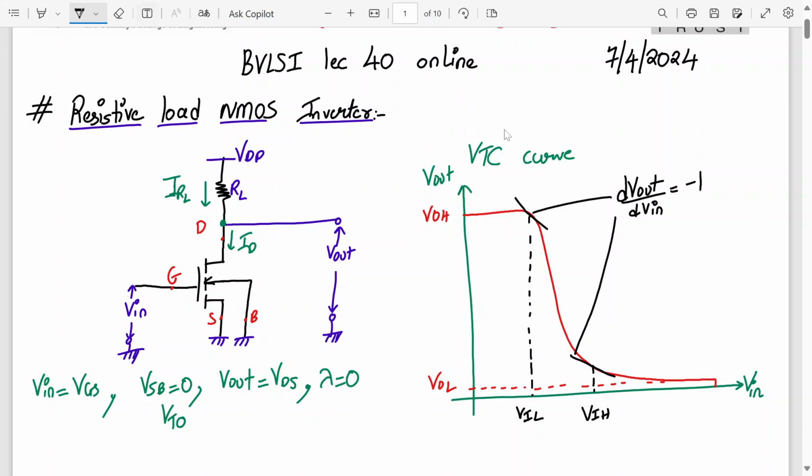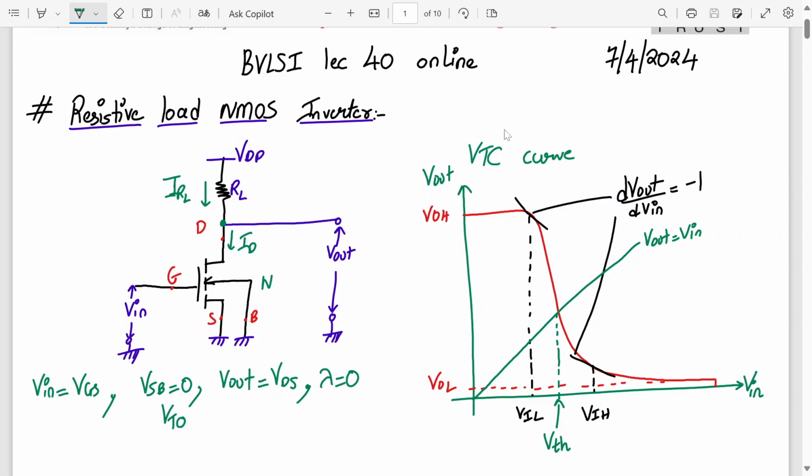And there is one more critical parameter, wherein if we draw a line with Vout equal to Vin, having a slope of 1, this is the Vout equal to Vin line. So this slope is 1. Wherever it intersects the VTC curve, which is red in color, if I extend it down, this will be my threshold voltage of the inverter, VTH. Remember to distinguish between the threshold voltage of the inverter and the threshold voltage of the individual device, that is the NMOS device.